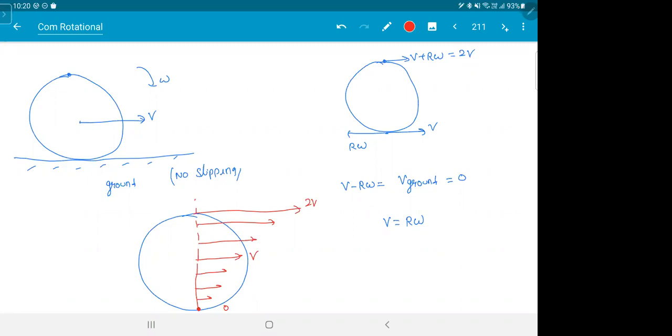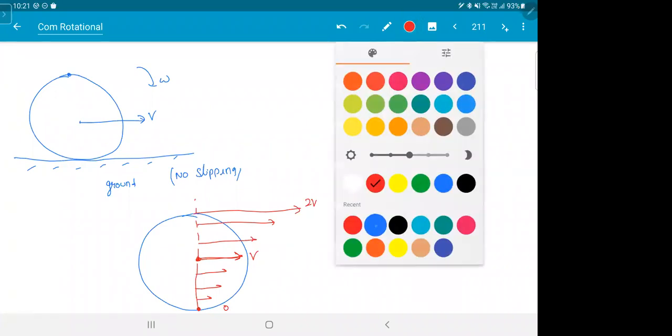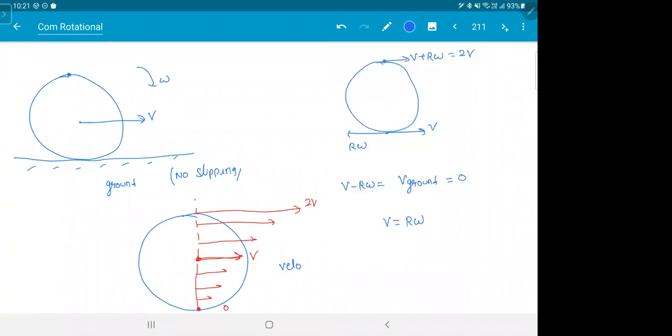The point of the wheel in contact with the ground will be 0. As you go up, it will go faster. The center is going with V. The upper point will go with 2V. So on a rolling wheel, this is how the velocity looks. All points don't have the same speed on the wheel. Translation speed is the same, but rotation speed will mess up the whole thing.